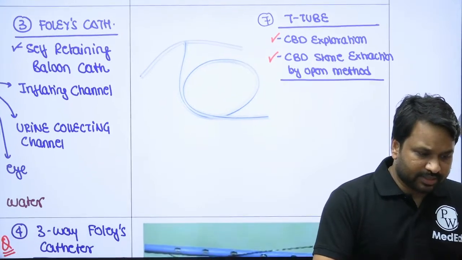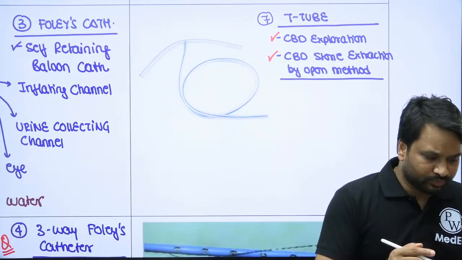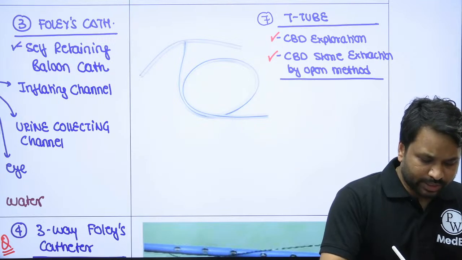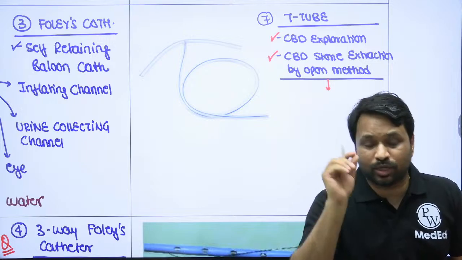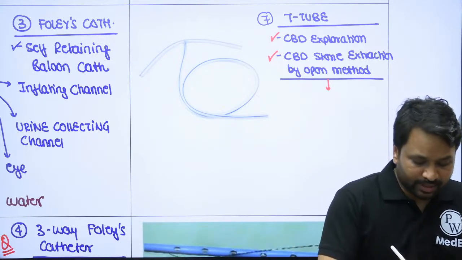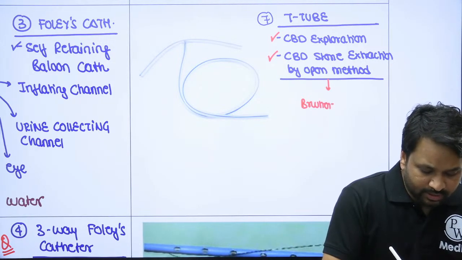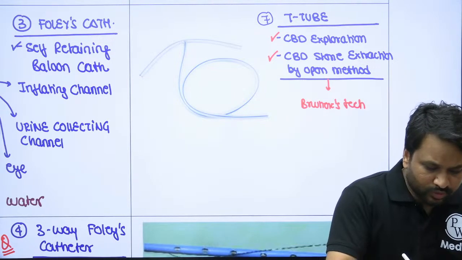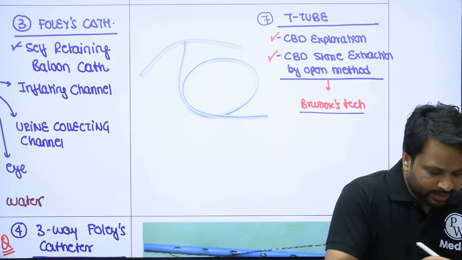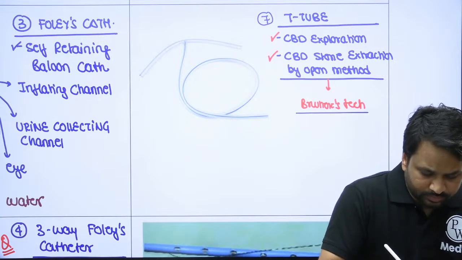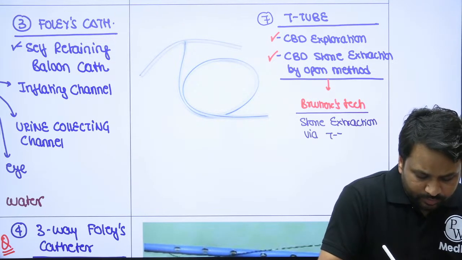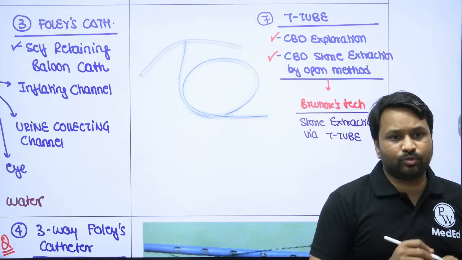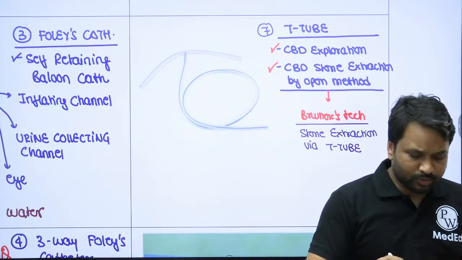Another important thing you should know with respect to the T-tube: when you take access via the T-tube to bring the stone out, that is what we call Burhenne's technique. So Burhenne's technique is stone extraction via the T-tube. That is about your T-tube orientation.